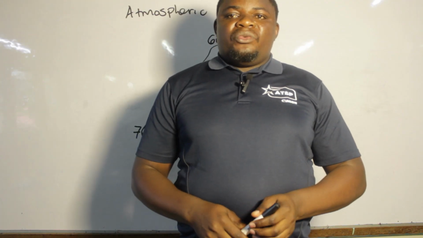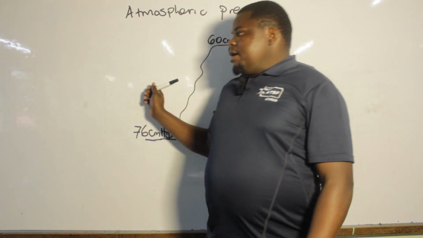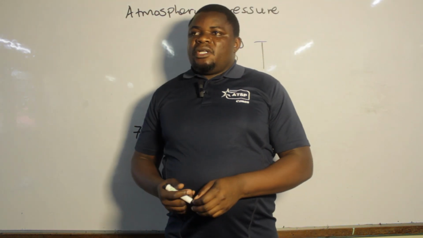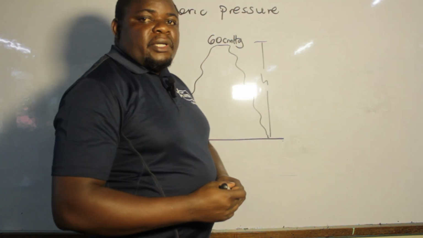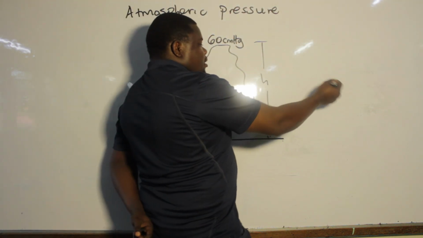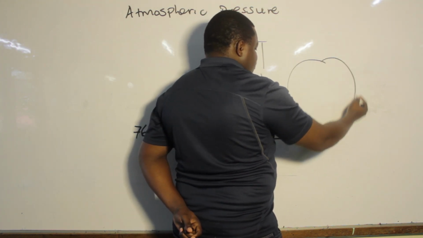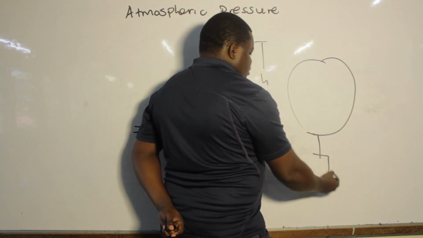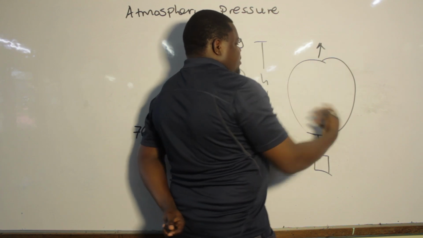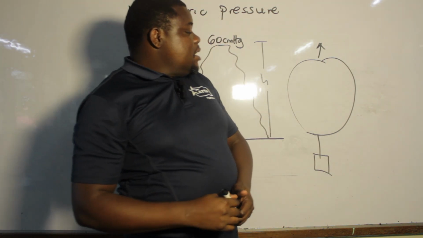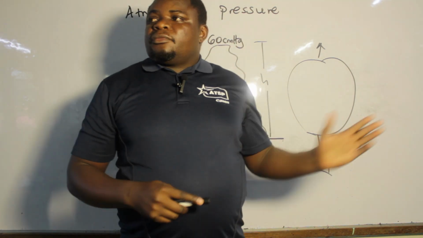Now from this point we look at atmospheric pressure, and I'm going to just mention a few things. I think we understand that when we have a balloon, for example a hot air balloon, for this balloon to go up, it experiences some forces, one of them being upthrust.